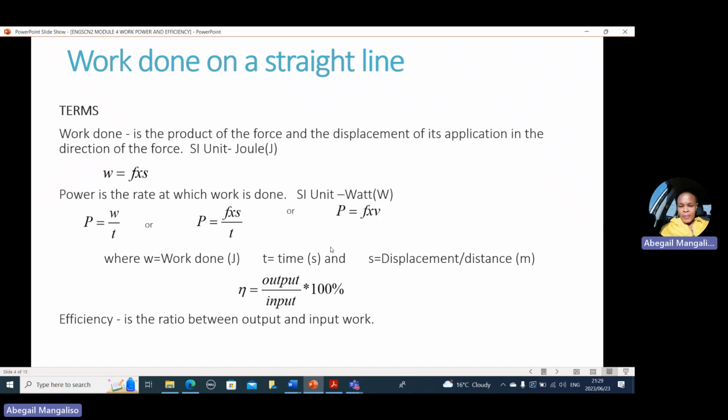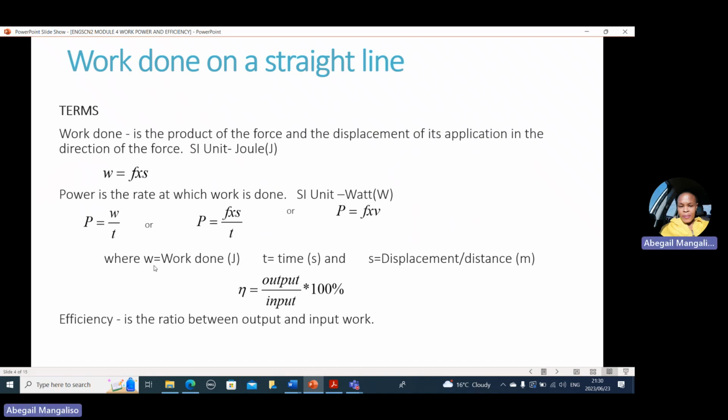There are 3 formulas. If you are given work done, you divide it by time. If you are given force, distance, and time, you can do it in this equation. If you are given velocity, you can use this equation.